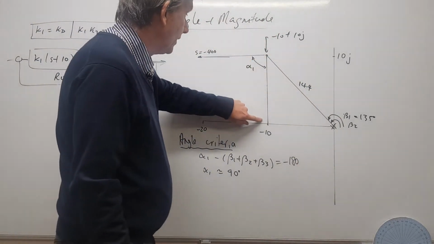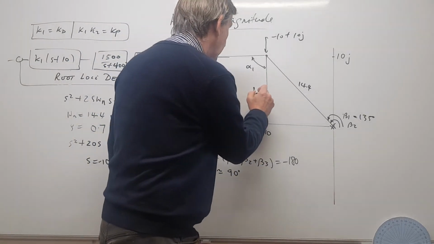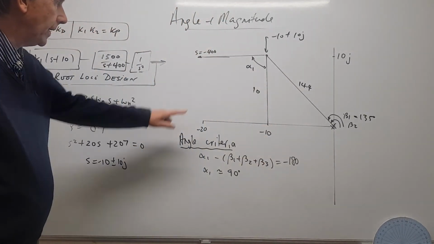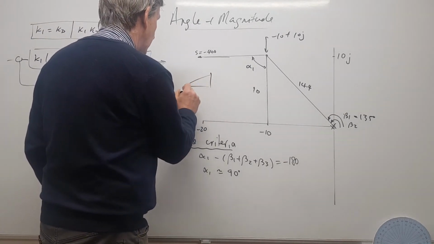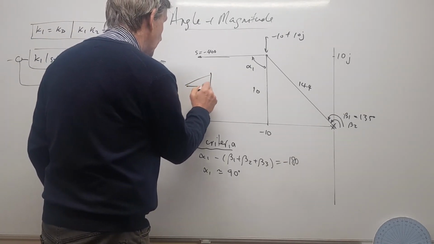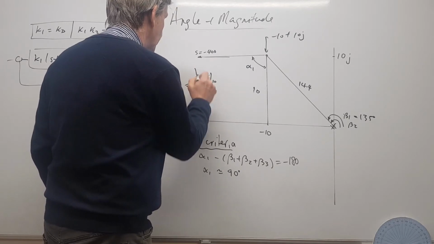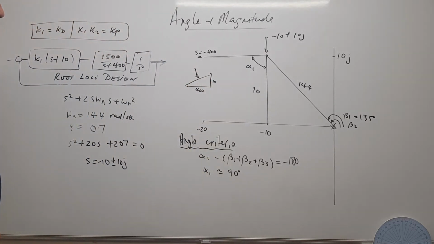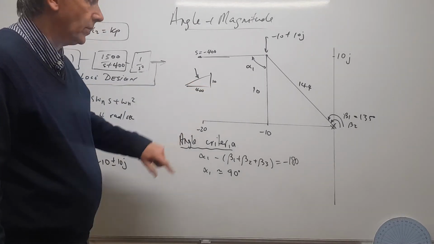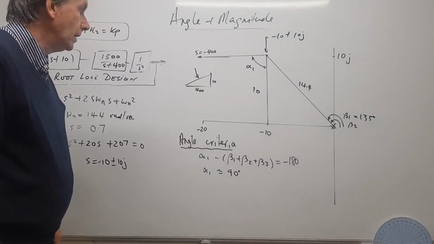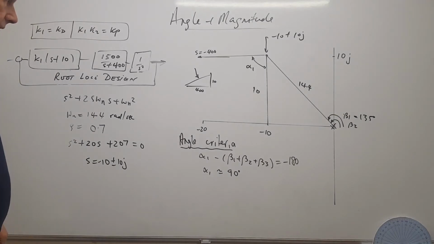We know from there to there will be exactly 10, don't we? And we could use Pythagoras on this bit because we know that's 400 and that's 10. So it'll be the square root of 400 squared plus 10 squared. It'll be about 400, and probably 412 or 408.